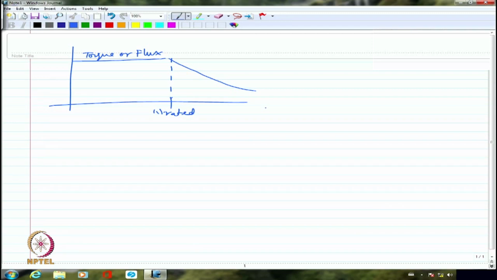So this is beyond rated speed. Maybe this is twice the rated speed, so this is 2 times omega rated. Even though the torque deliverability of the machine is constant, the power is the product of torque and speed. So the power increases linearly like this.